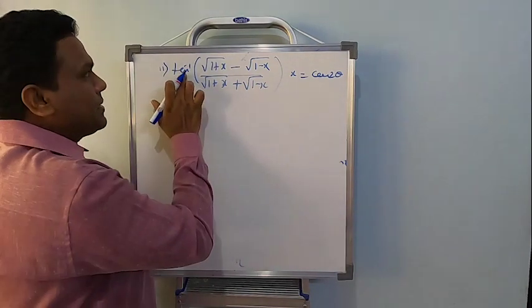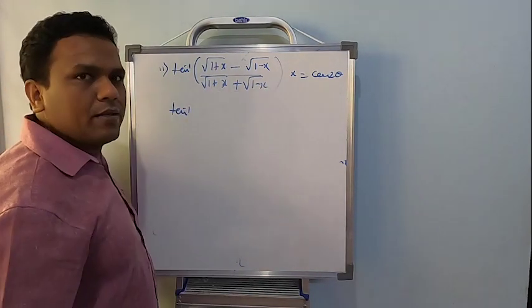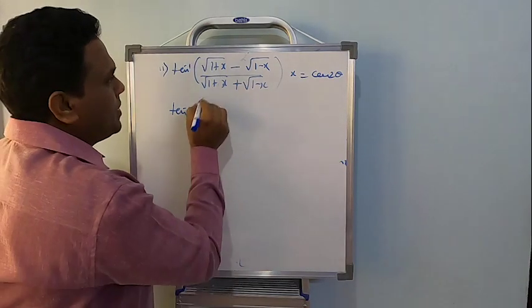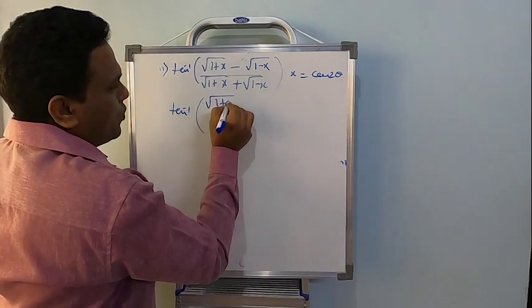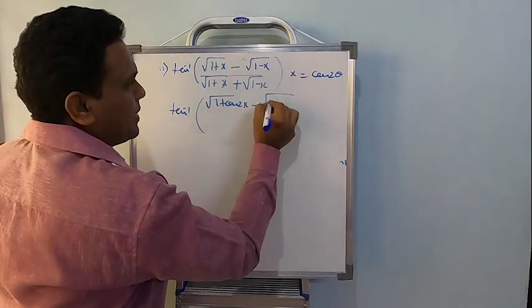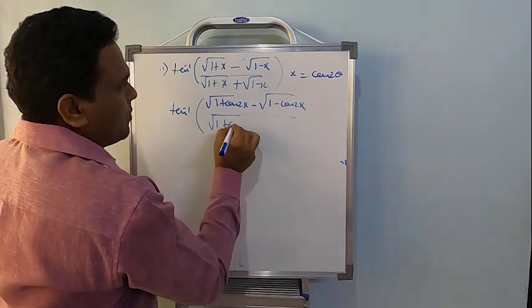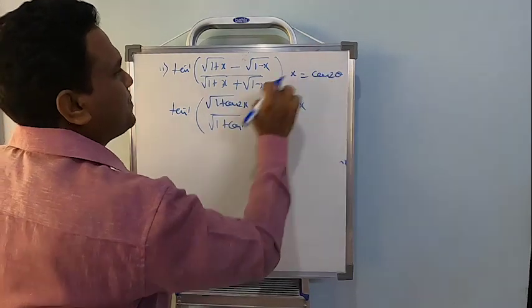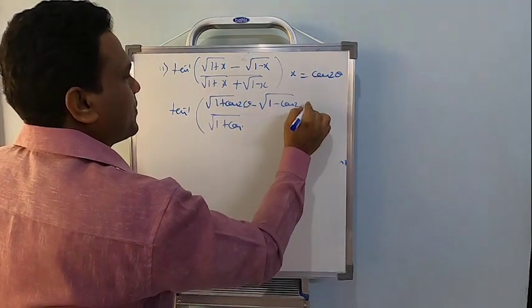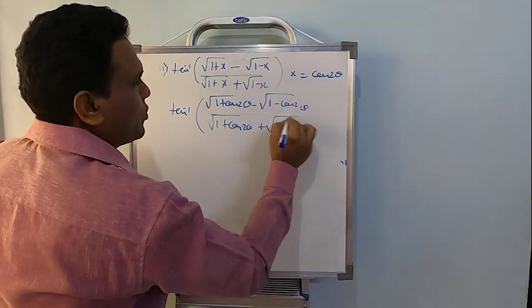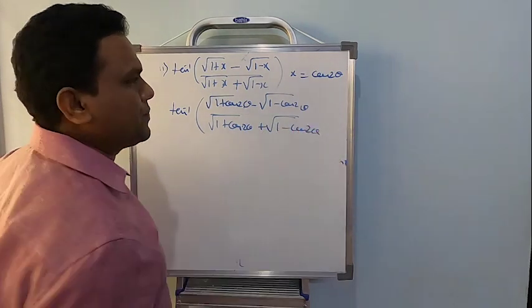The hint is quite simple. This is tan inverse. Whatever I do here should be converted in terms of tan. So root of 1 plus cos 2 theta minus root of 1 minus cos 2 theta by root of 1 plus cos 2 theta plus root of 1 minus cos 2 theta.